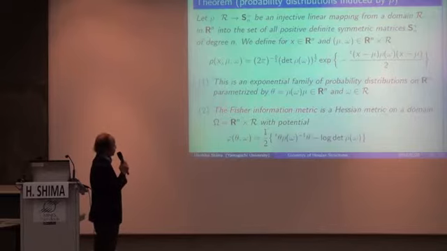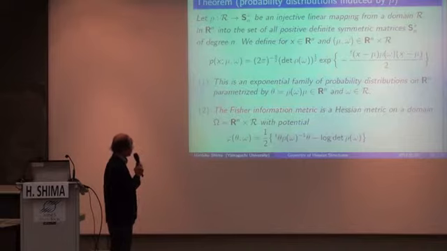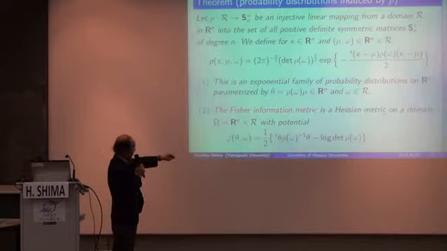The Fisher information metric is a Hessian metric on the domain, the direct product of R^n and Ω, with potential this function φ(θ, ω).